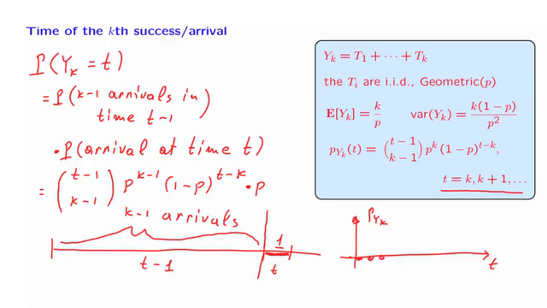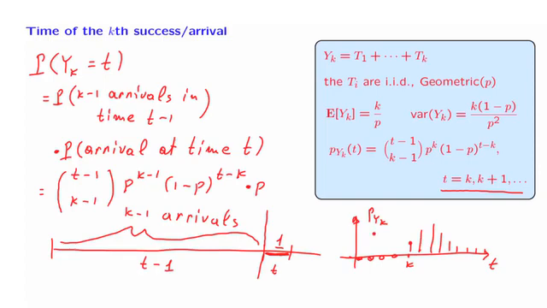It's 0 for t's smaller than k, and then at time k in general it's going to be a positive entry, and for future values of t it will also have positive entries, and this PMF extends all the way to infinity because it is possible that the kth arrival takes an arbitrarily long time to occur.